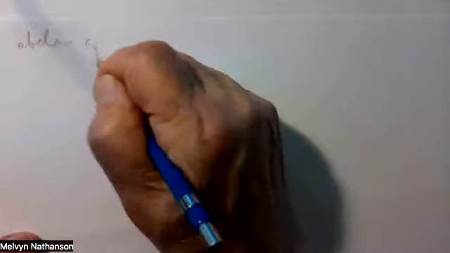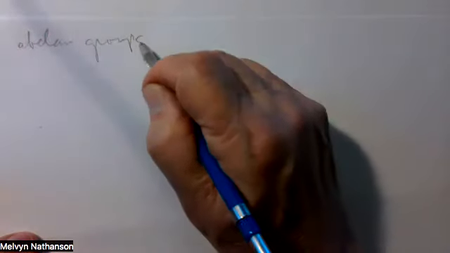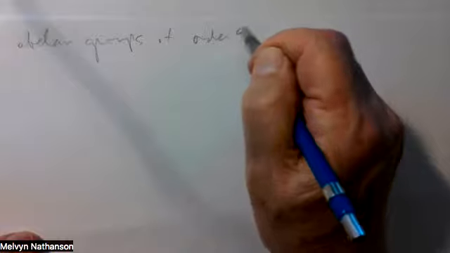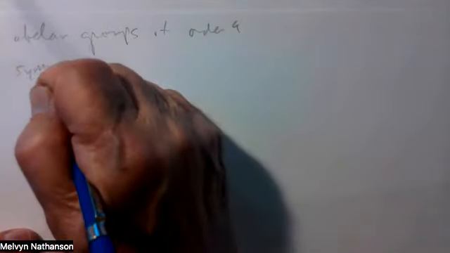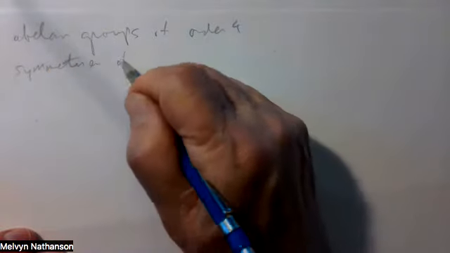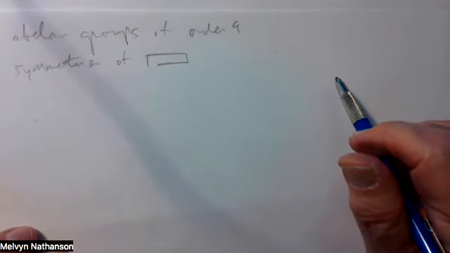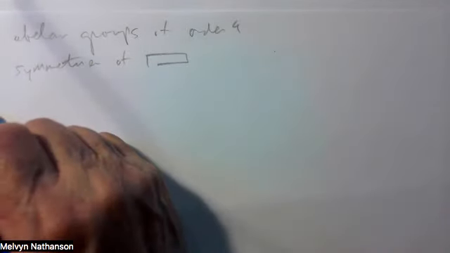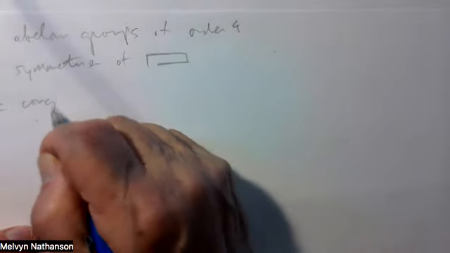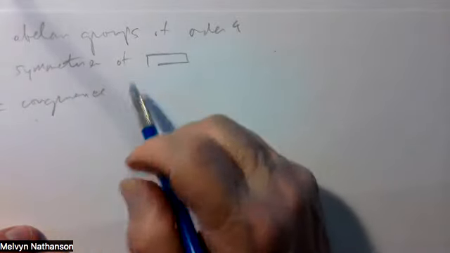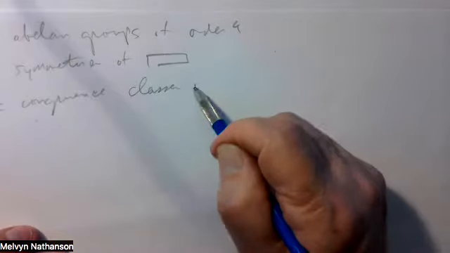So we have two abelian groups so far of order 4. We have G, which is the symmetries of the rectangle, and I just computed its multiplication table. We also have Z4, which is congruence classes modulo 4.